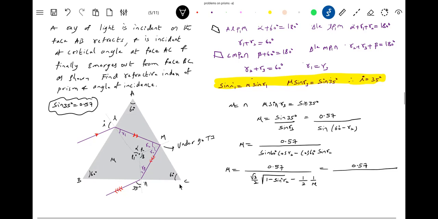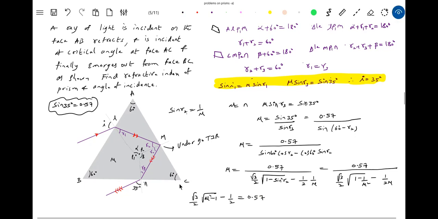If it undergoes TIR, sine R2 I can write as 1 by mu. So this will become root 3 by 2 times root of 1 minus 1 by mu square, minus 1 by 2, equal to 0.57.